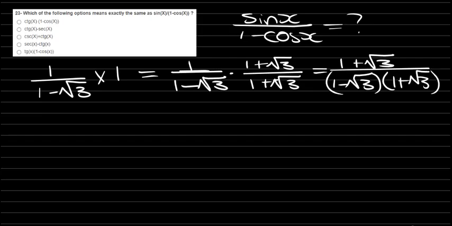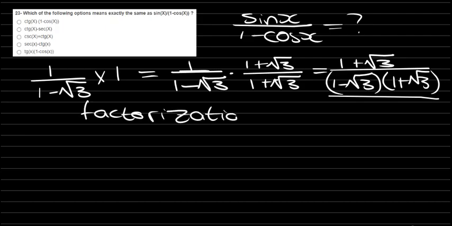Now the reason we do this is that in many cases we get this, which is what we want. We want the denominator to look like this. Why do we want it to look like this? Because if we go back to factorization, there is something that looks like this, and it's called the difference between two squares.